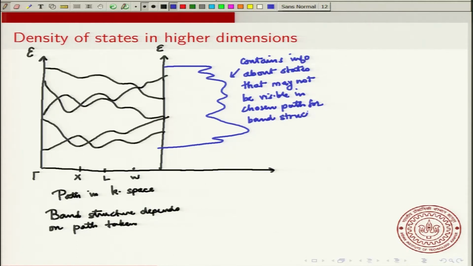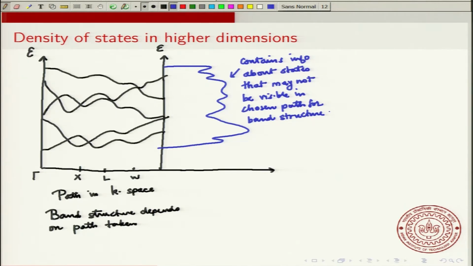This really illustrates why the density of states is a useful quantity. The band structure really depends on the path that you choose, whereas the density of states looks at all possible paths. It just looks at all states. Now some of these states might be along different paths. As we had said, the path in K space basically sets a certain direction in which you are allowing the wave vector to vary.